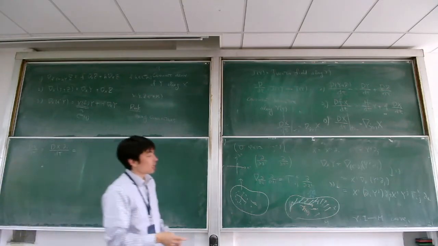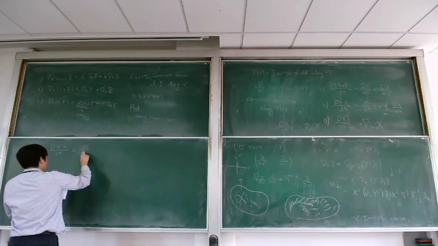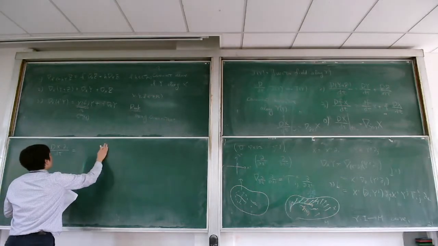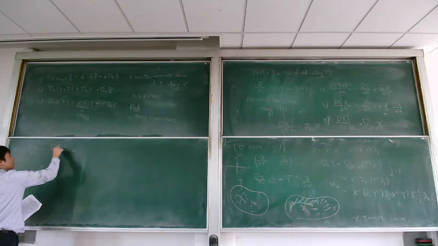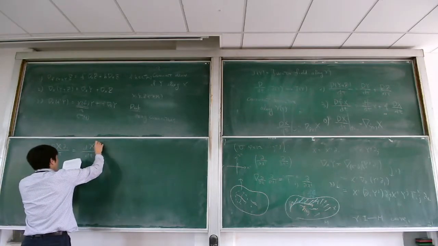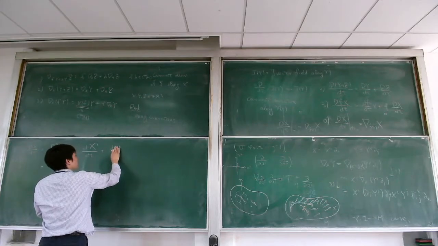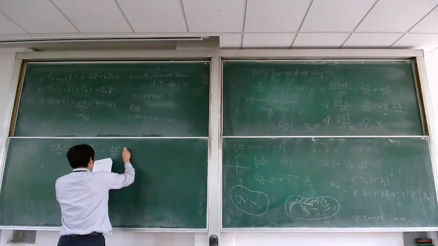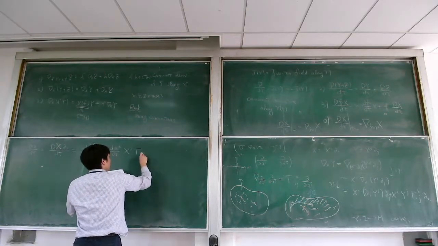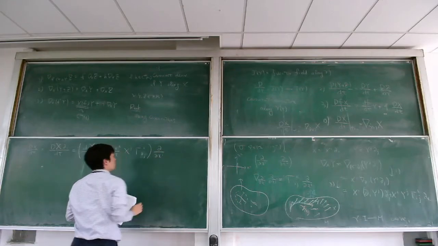Therefore, you can first apply the Leibniz rule, so that you have dX^i/dt plus dx^k/dt, where this is the small x for the local coordinate, and capital X^j Gamma^i_jk.